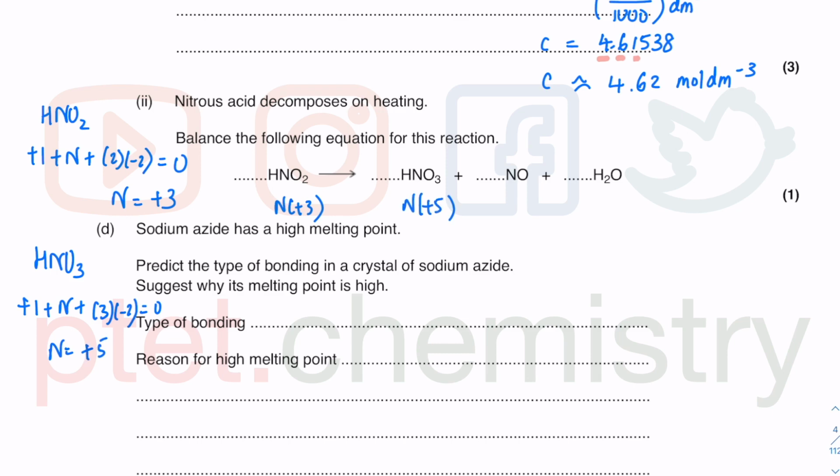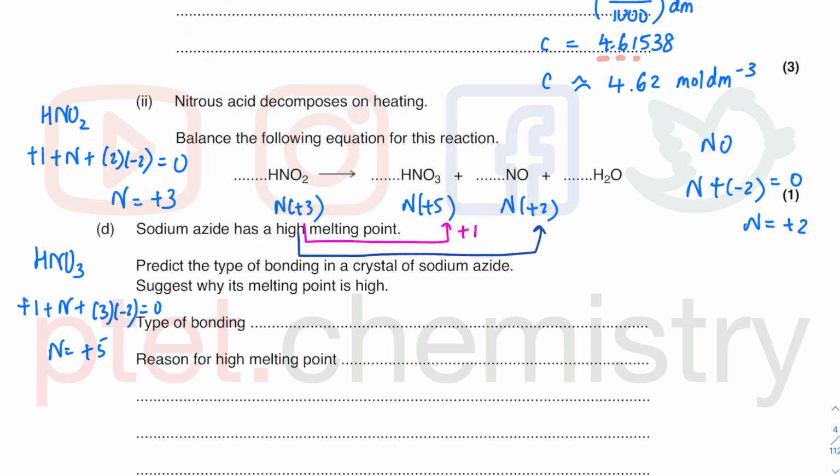And in NO, you will have nitrogen plus minus 2 times 1 equal to 0. There's nitrogen plus 2. Here you can see that the changes in oxidation number must be balanced up. Plus 3 to plus 5 is plus 2. And then you will have plus 3 to plus 2. Oh, hang on. I think I did something wrong there. The pink color one should be plus 2. And then the blue color one should be minus 1.